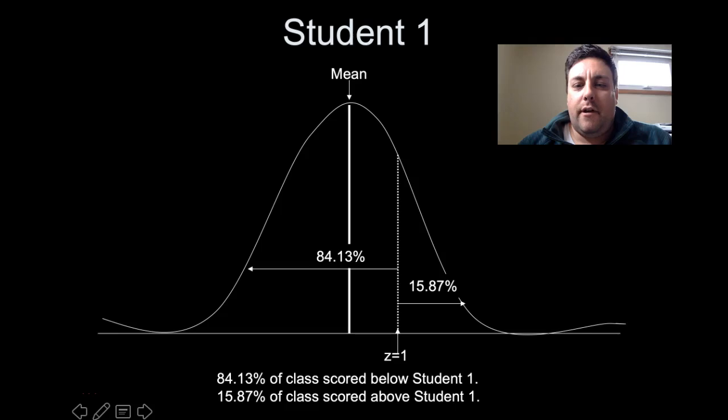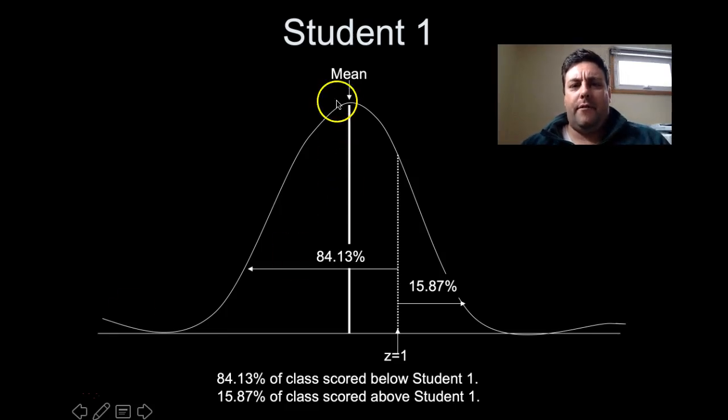The difference between 84% and 100% would be the number of students who scored above that student, right? So in this case, it would be just below 16% of scores that would occur above student one's score. Typically, when we see standardized testing, the higher the percentile ranking, typically the better.